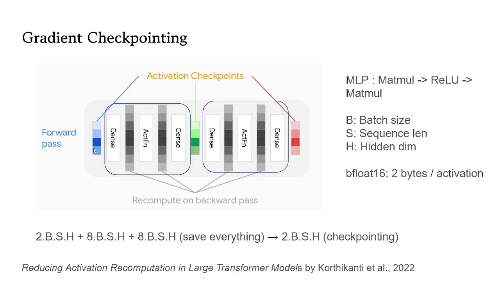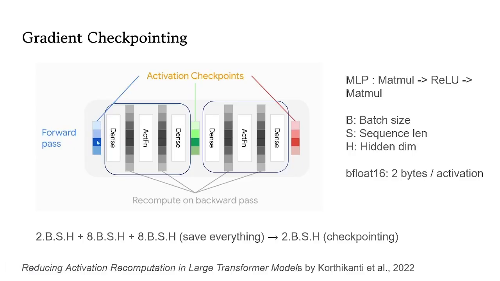In the input, I would have B times S times H numbers, and for each I need 2 bytes. For this intermediate activation, because the dense layer is expanding the input vector from H to 4H, we would need 8 times B times S times H bytes. And similarly, 8 BSH bytes for this. So overall, it's 18 times B times S times H bytes.